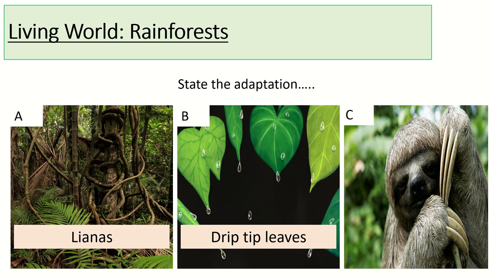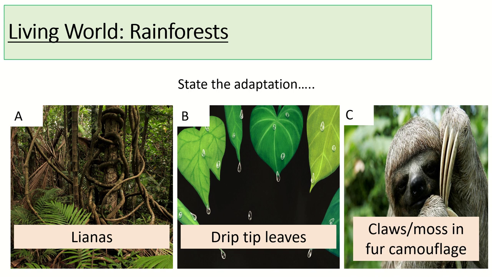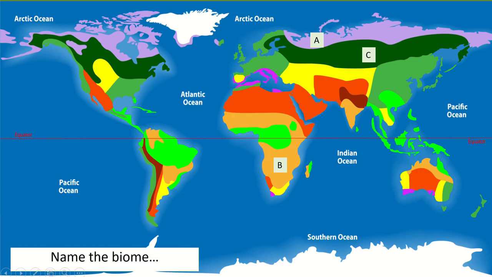And we've also got everyone's favourite sloth, which has long claws to help it climb. It grows moss in its fur for camouflage to stop predators from finding it. All basic adaptations in the rainforest. These ones in particular, A is due to the fact that there's really low sunlight on the forest floor, and B because of the high rainfall.